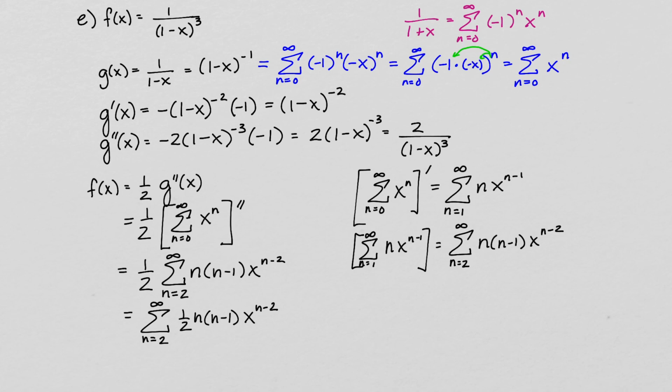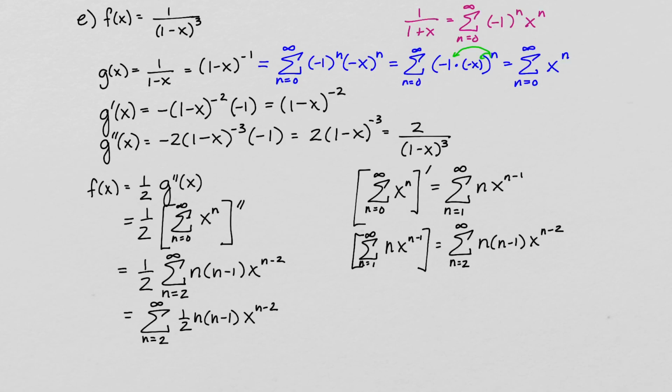Any other questions before I go off of this problem? Yeah, so where the 1/2 comes from is because I'm comparing this function here, the one we were given, the 1 over 1 minus x cubed, with this. So I have 1 over 1 minus x cubed, right?